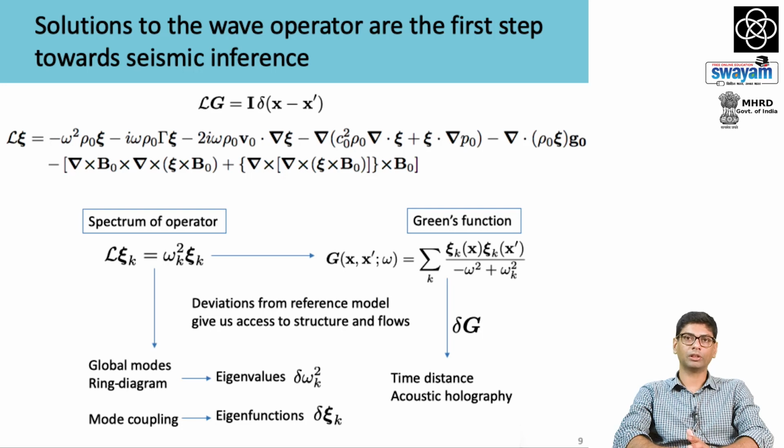You look at a predicted Green's function, you look at a measured Green's function from the sun, and then you try to interpret the difference, delta G. These techniques, such as time distance and holography and so on, give you access to properties of the solar interior as well, in a different way, which I describe.